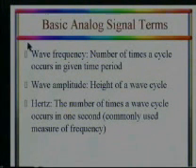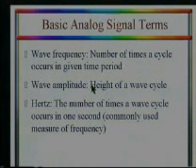Now, what are the three basic components, or terms, of analog signals? One is frequency, the second is amplitude, and the third one is hertz. Let's have some definitions. Frequency is the number of times a cycle occurs in a given time period, how many times your cycle is changing per second.